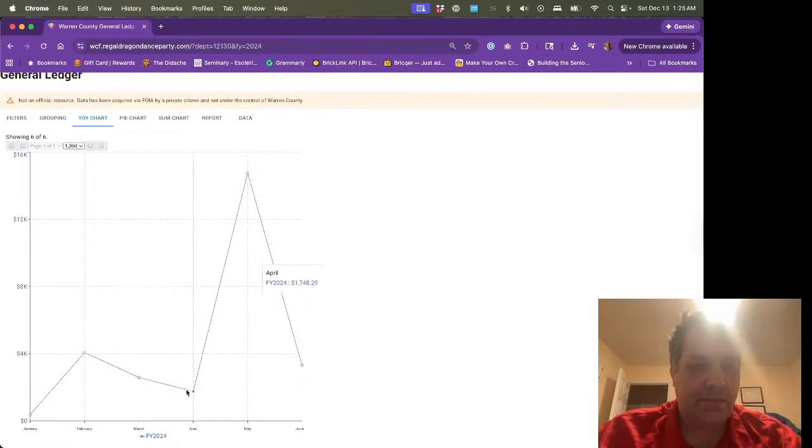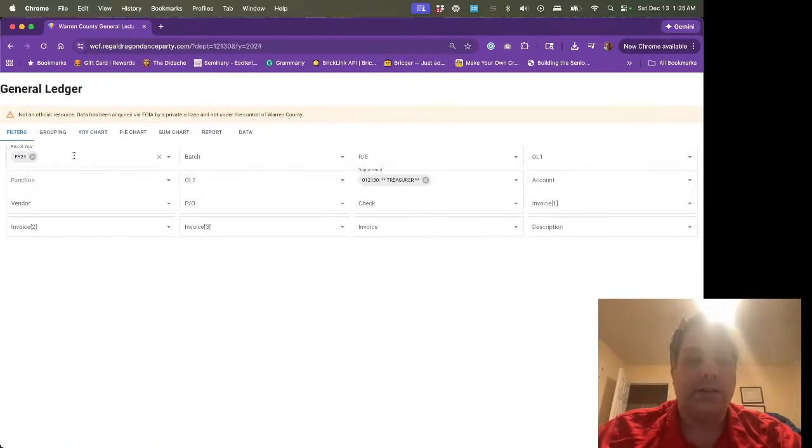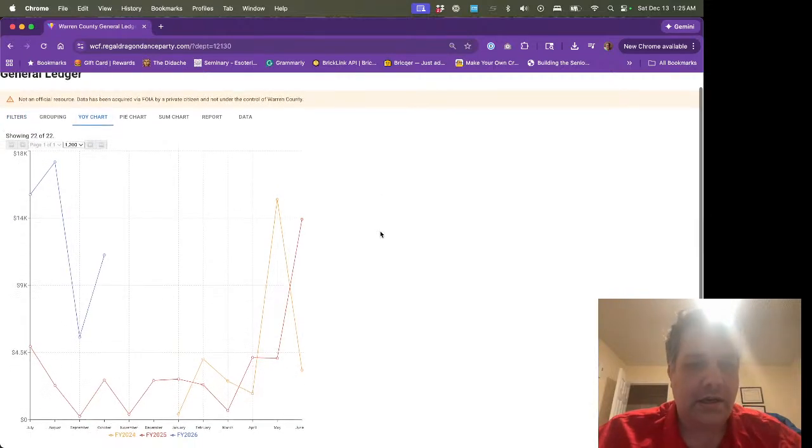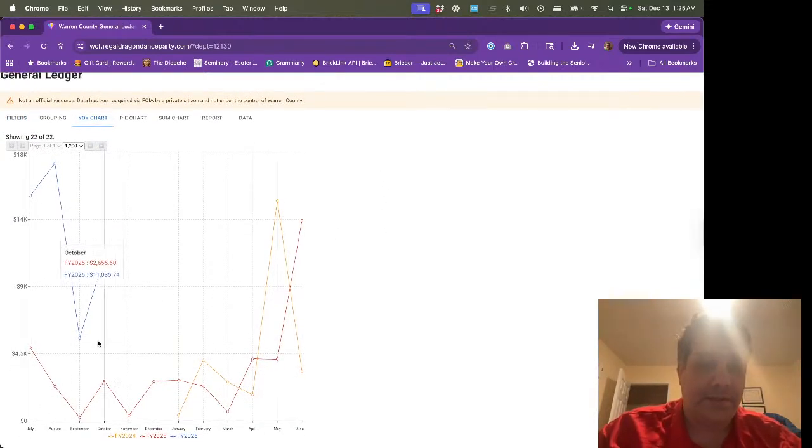Right now you see at the bottom it says fiscal year 2024. If I go to filters, you can see I have fiscal year 2024 selected. If I remove that and go back to the chart, now we see 3 different fiscal years selected.